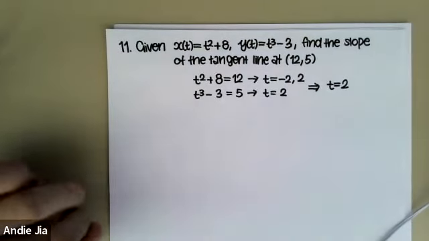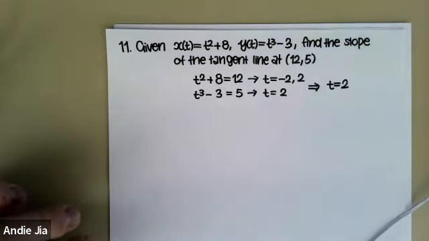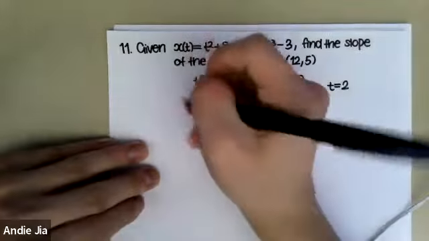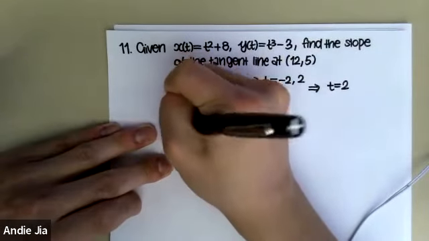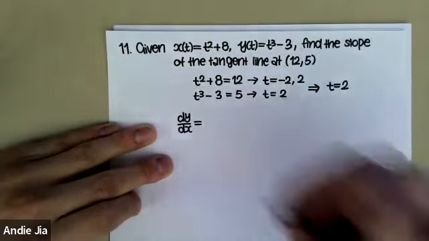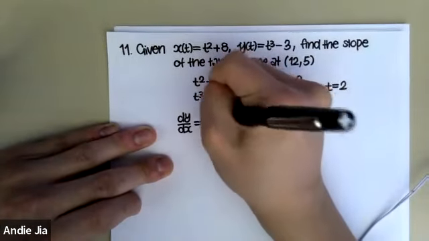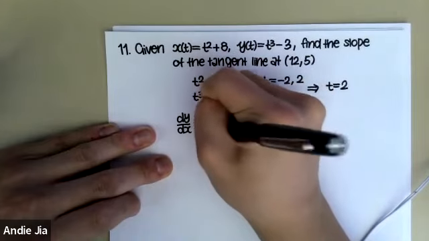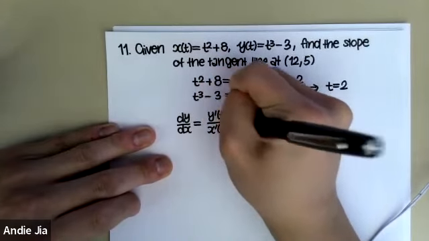The slope of the tangent line is again dy dx. So how do you find dy dx? It is y prime of t over x prime of t.